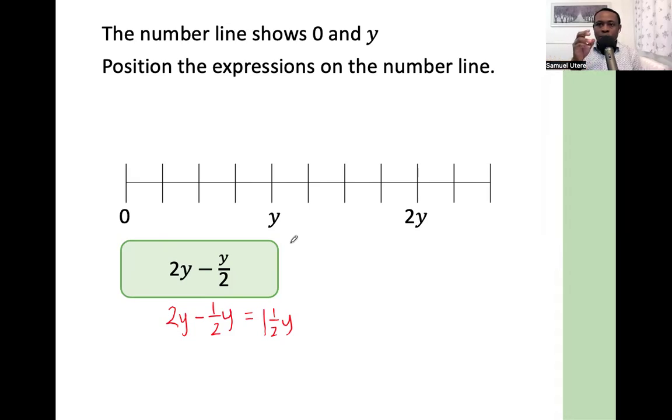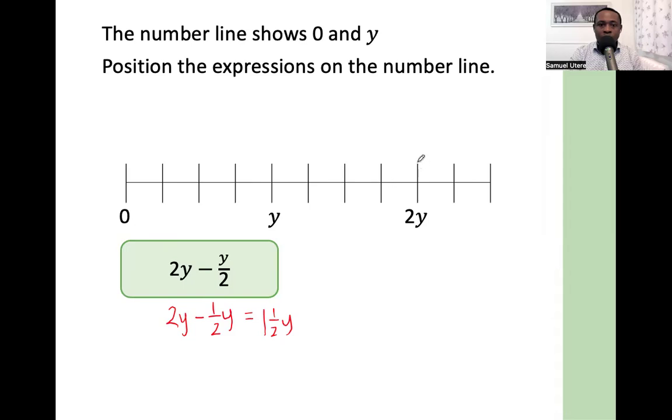If you divide 1 by the 4 intervals, each interval is a quarter. So this is a quarter y, plus another quarter y is half y, 3/4 y, and then 1y. So each of these is actually a quarter y.